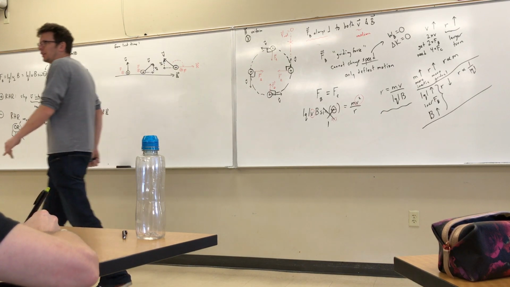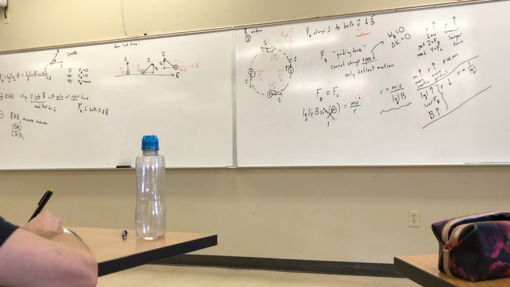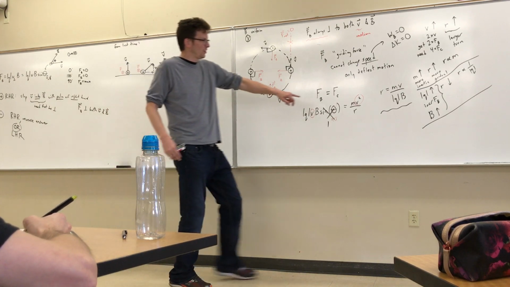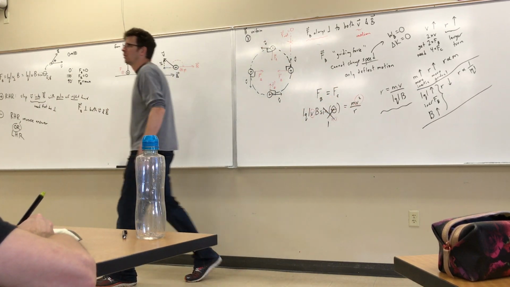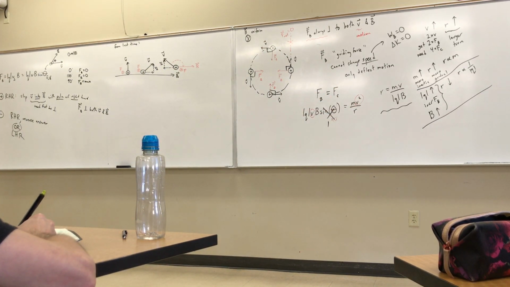So paradoxically, if something goes faster, it simultaneously has more force acting on it and it flies out. Because yes, you need more force, but you get more force if you go faster, but it doesn't keep up with the voracious need of centripetal force because that increases as v squared, okay? So, there we have it.